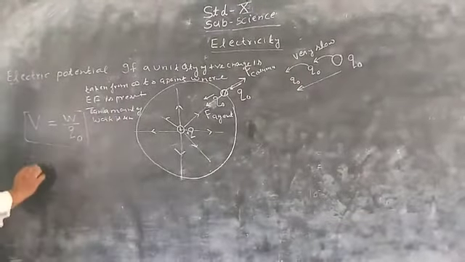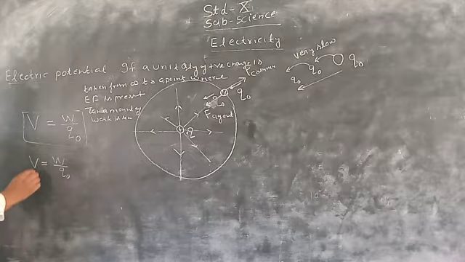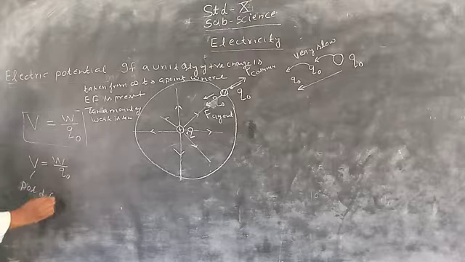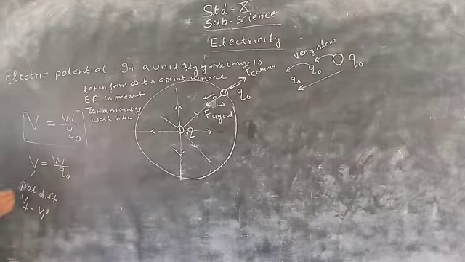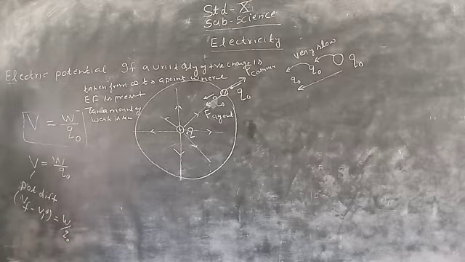V is equal to W by Q naught. V is the potential difference, V final minus V initial. This is the work done per unit charge.